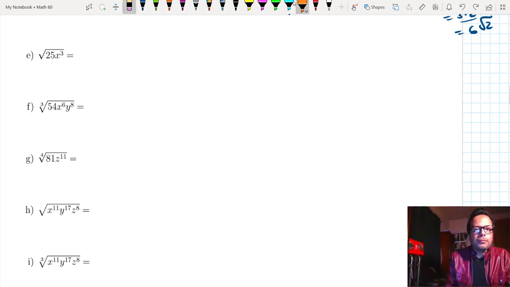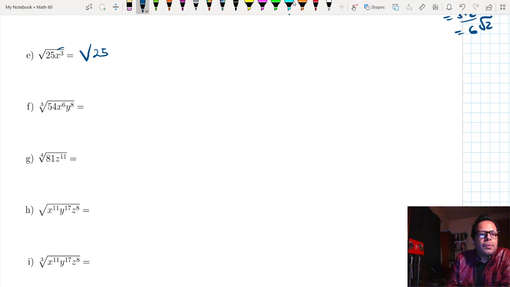So this is the same as saying 25 times, and notice x cubed is not a perfect square.